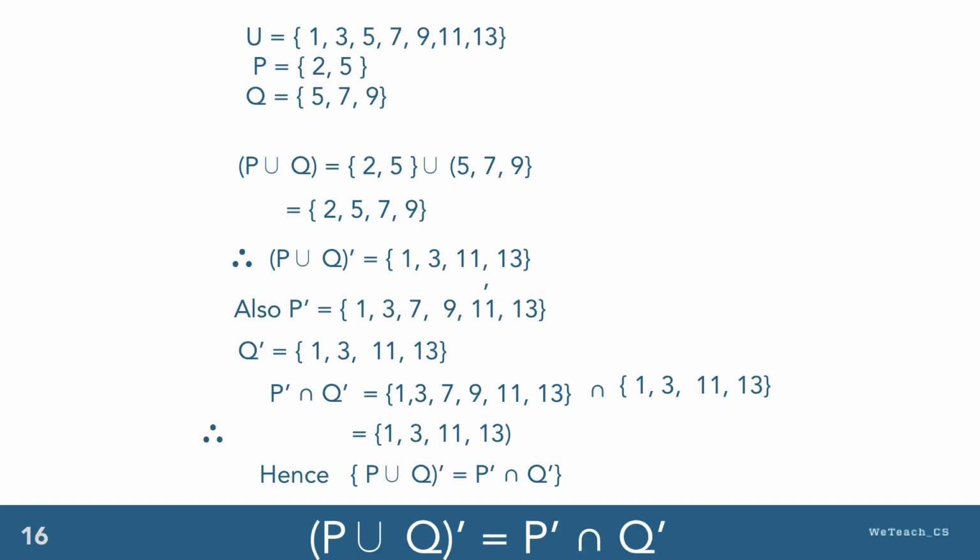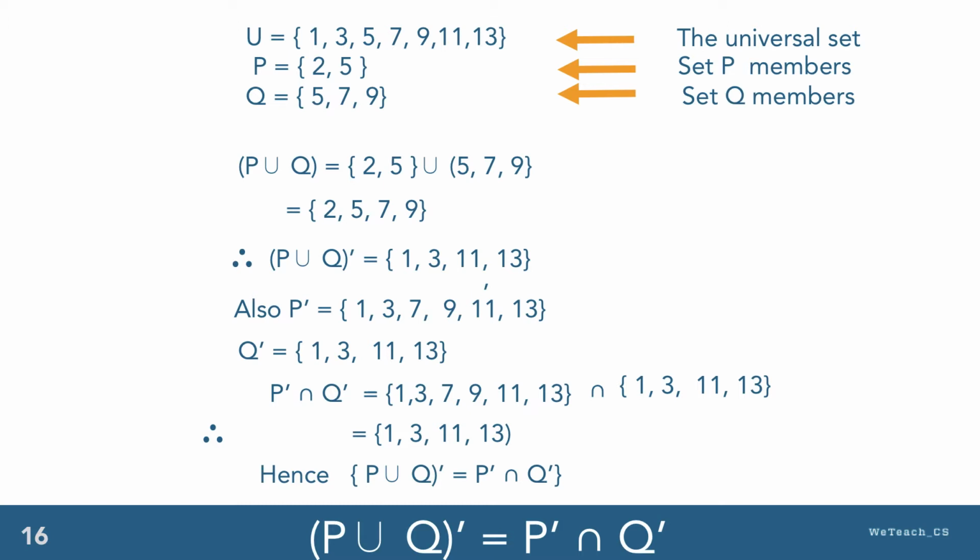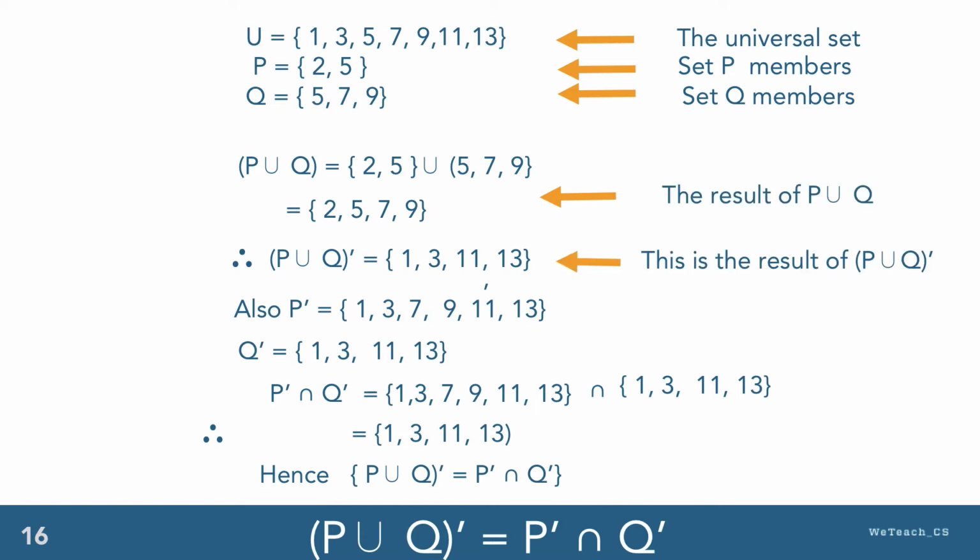Now we will go through this example interactively. Here we have a universal set, then we have members of P, and we have members of Q. P union Q gives us the members that are found in P or Q. Therefore, the negation of P union Q will be the members that were left behind, and that is 1, 3, 11, and 13.